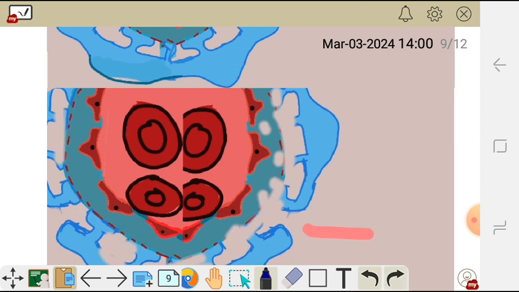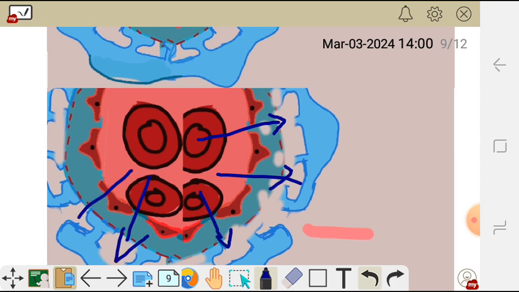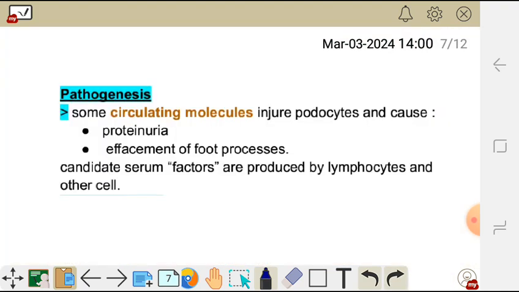But in this case, we have effacement, we have destruction of those foot processes. Now we are going to observe proteins being lost from the blood vessels into the urine. That is what we call proteinuria there. Okay, so effacement of foot processes will lead to proteinuria. So that is the pathogenesis.